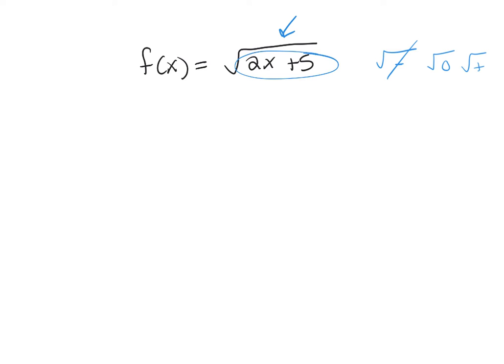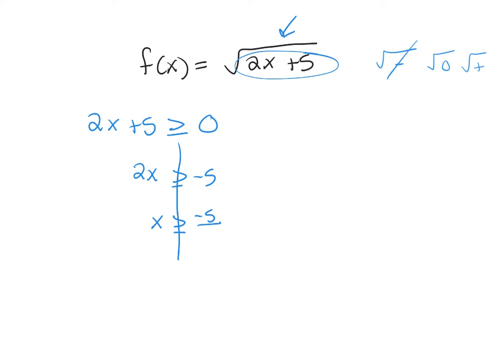So if I look at the number underneath, 2x plus 5 has to be greater than or equal to 0. So if I solve for x, I'll have all x values greater than or equal to negative 5 halves.